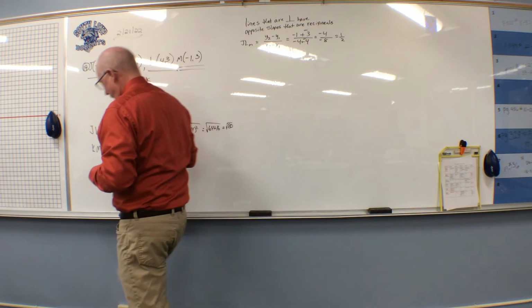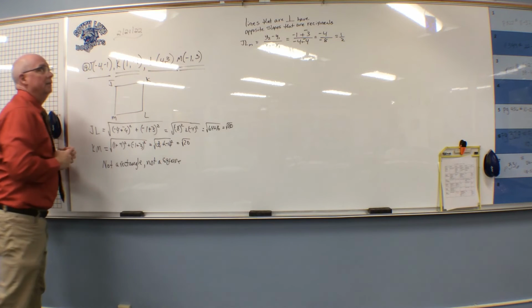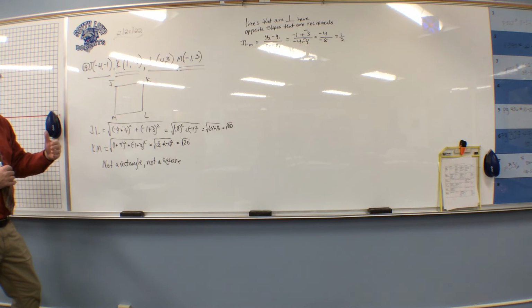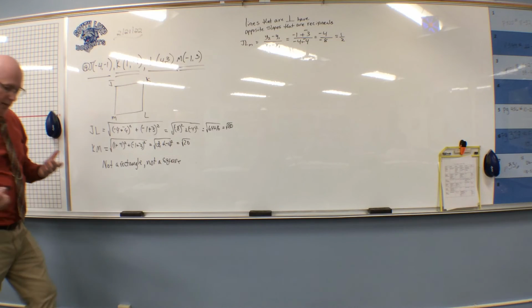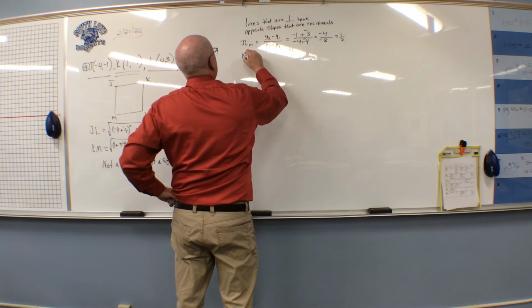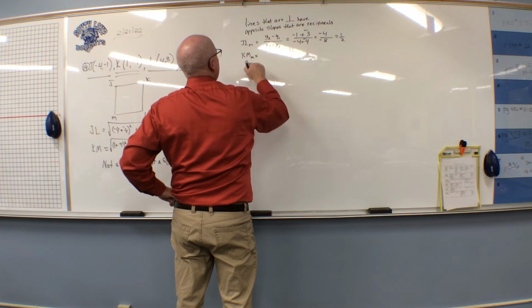So what had I better get for KM in order for it to be opposite reciprocal of 1/2? I better get -2. Why? Because it has to be the opposite reciprocal, so one has to be positive and the other has to be negative. Okay? So let's do KM, capital M, and then little m for slope.